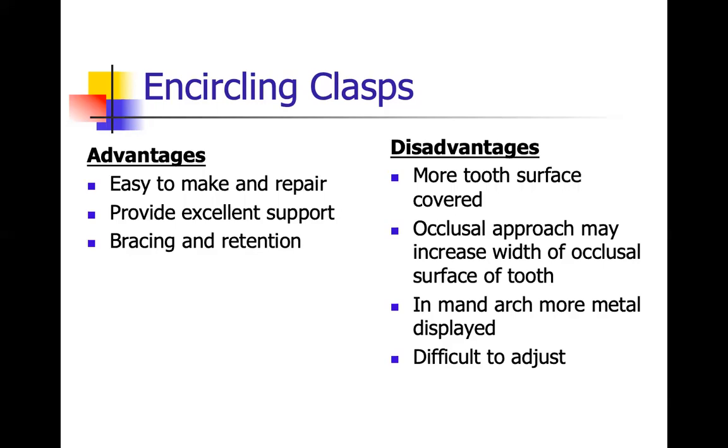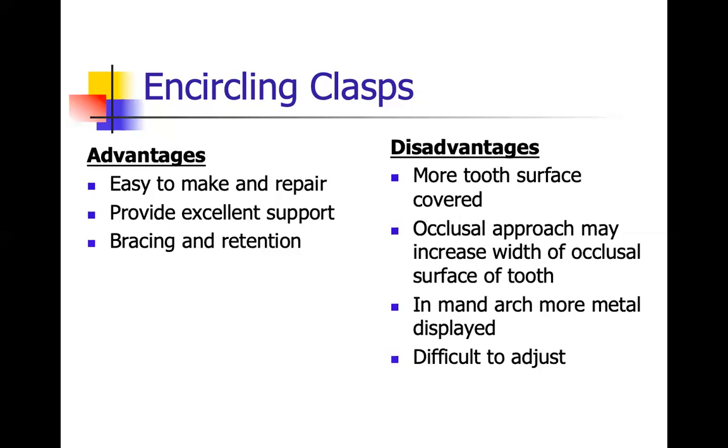But the disadvantages of the circumferential clasp arm are: it covers more tooth surface as compared to the bar clasp arm because of its occlusal origin.